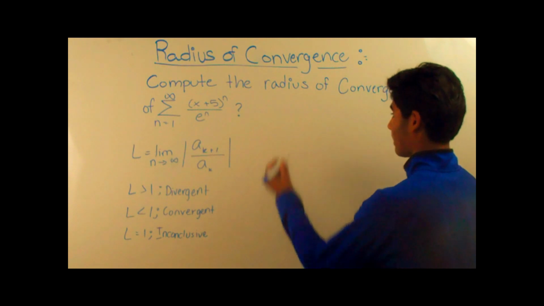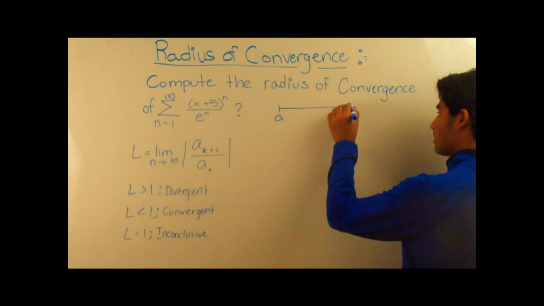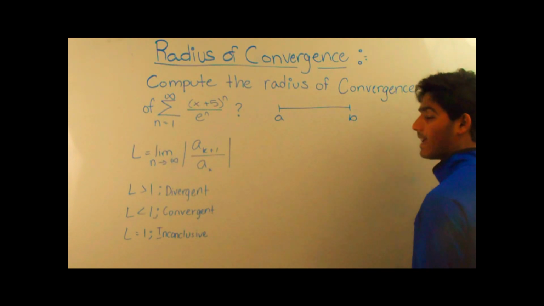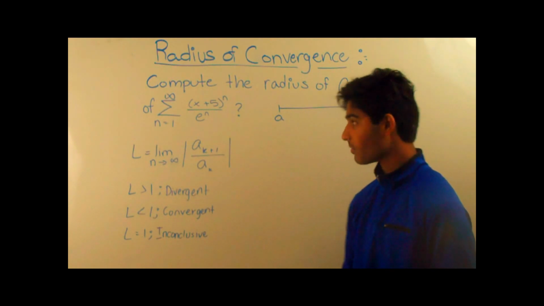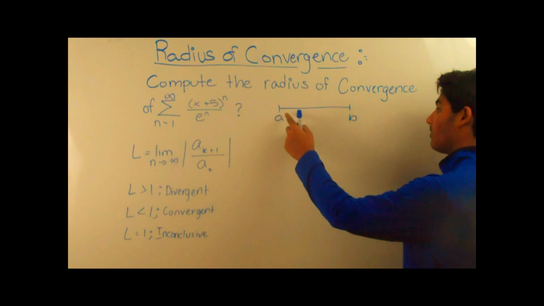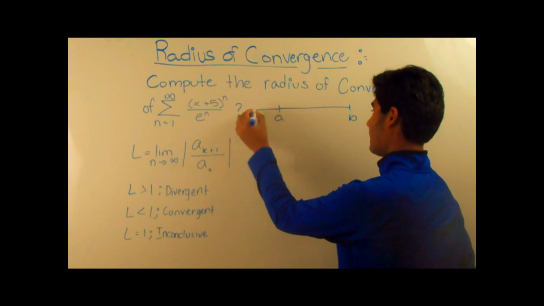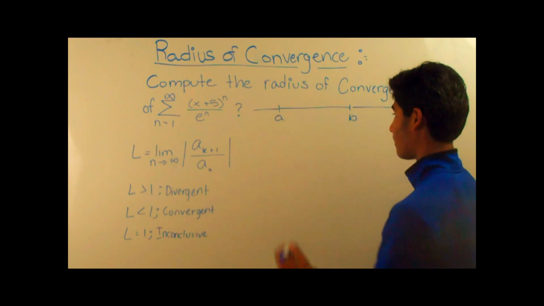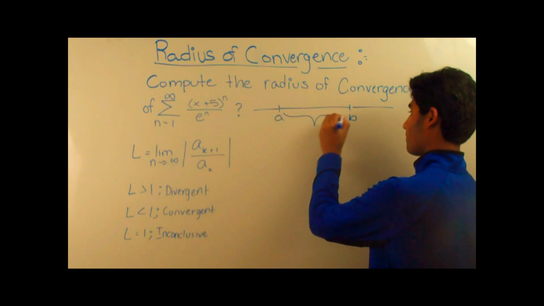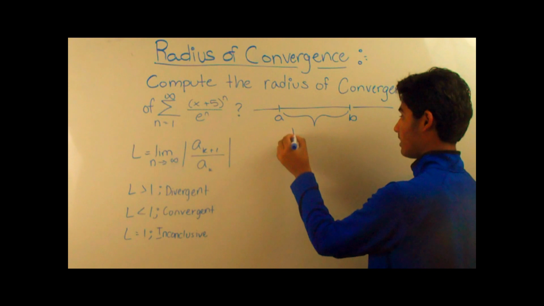We see that we have this interval from a to b, where a and b may or may not make the series converge, but there is an interval where the series converges.